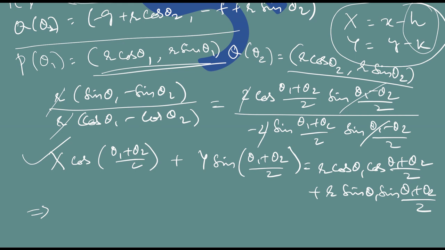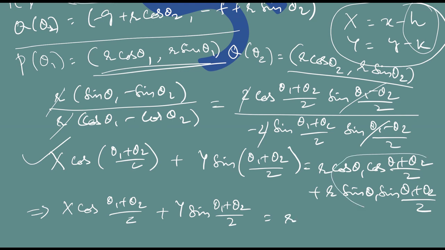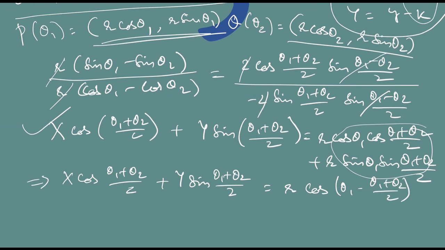So you can see that it is going to be x cos of (theta 1 plus theta 2)/2 plus y sin of (theta 1 plus theta 2)/2 is equal to r times, on the right hand side, you can see that it is the cos of (a minus b) formula ultimately, so I'll have it as cos of (theta 1 minus (theta 1 plus theta 2)/2). Okay, so we have the equation of the chord joining theta 1 and theta 2 in the new system.